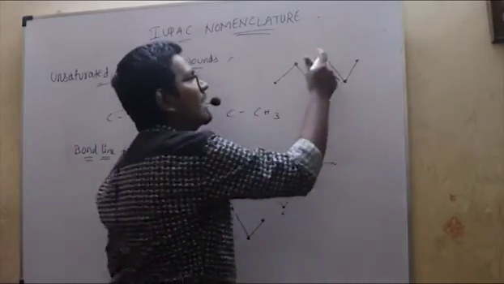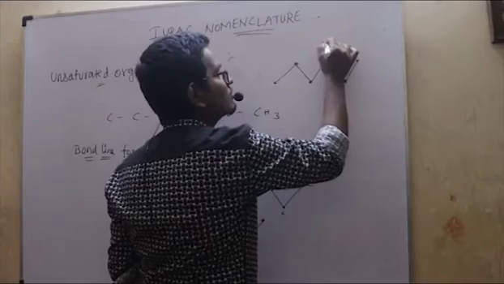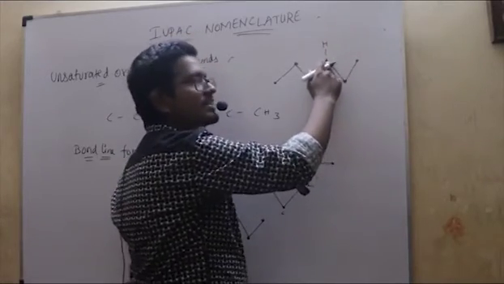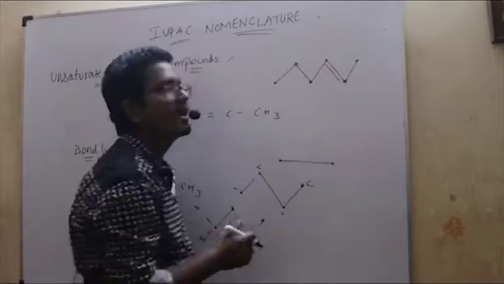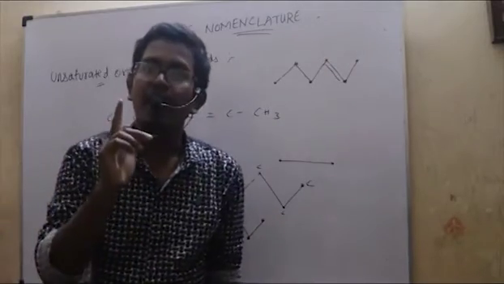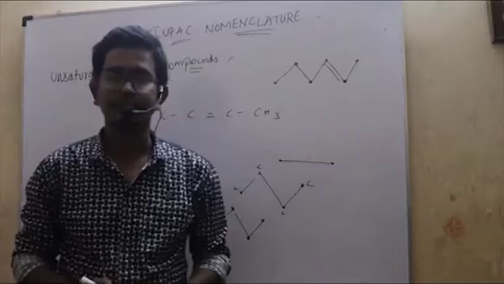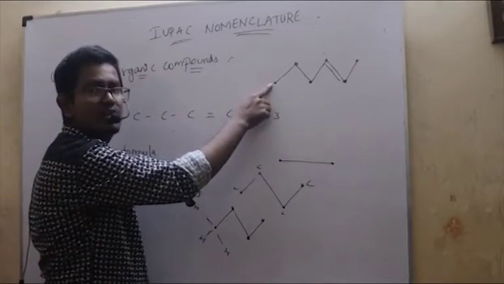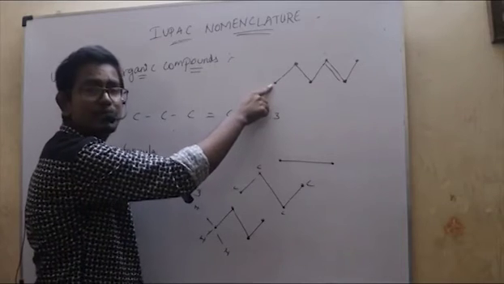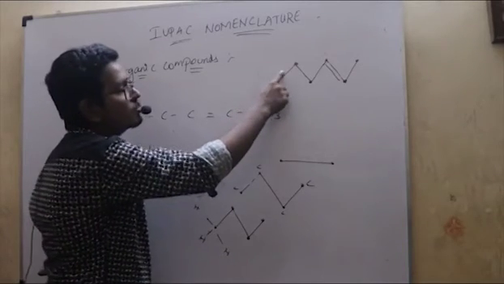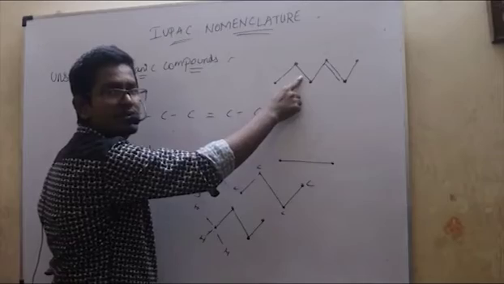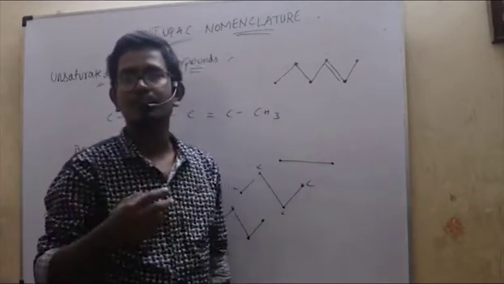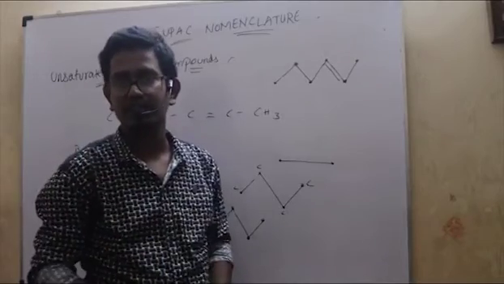So one hydrogen atom is present at this carbon. This point indicates a carbon atom, and this carbon is making one bond with hydrogen. Here it is making three bonds with three hydrogen atoms. Here two bonds are made, then two bonds are still left, so this carbon is making two bonds with two hydrogen atoms, right?